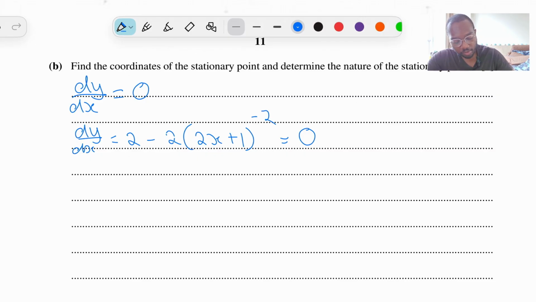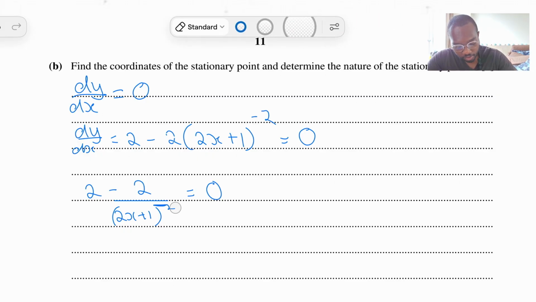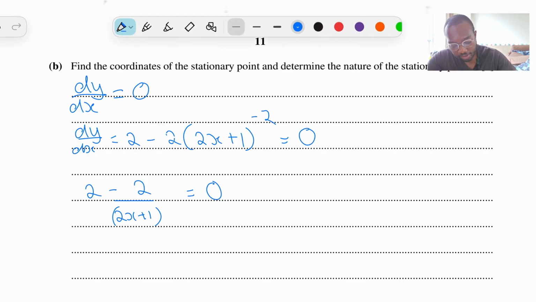I'll rewrite it as 2 minus 2 over (2x plus 1) squared, and that has to equal 0.